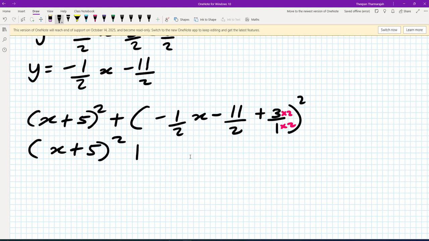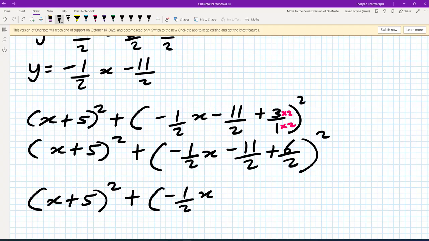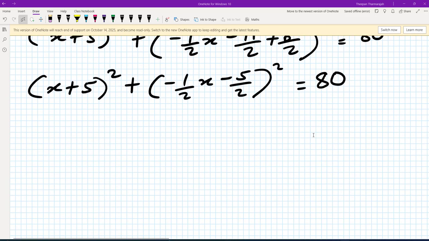So x plus 5 all squared plus minus a half x minus 11 over 2 plus 6 over 2 squared, and that's going to be x plus 5 all squared plus minus a half x minus 5 over 2 all squared. Right, so we got up to this point here. So what we're going to do is expand this out.